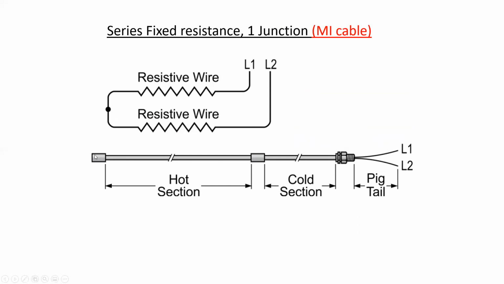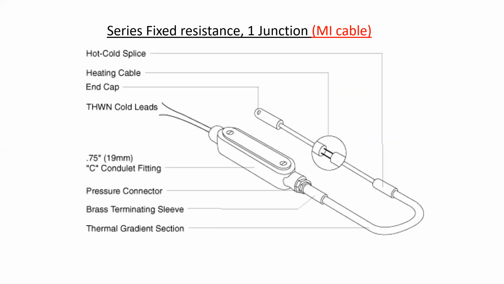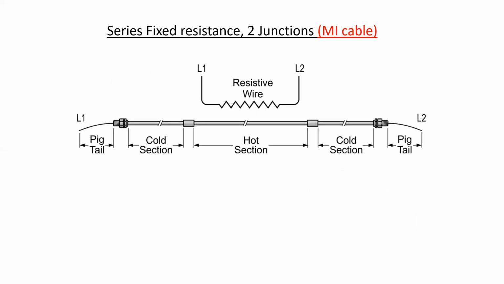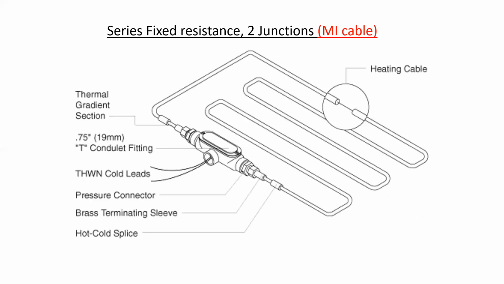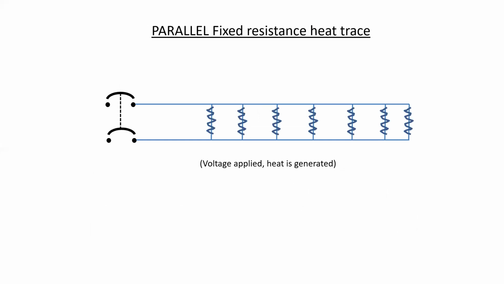And as you can see at the end, those two wires must be connected together with a termination. Another option would be to have two exposed ends, and those two ends would then be connected to the power source. There's a number of different ways that it can be utilized.